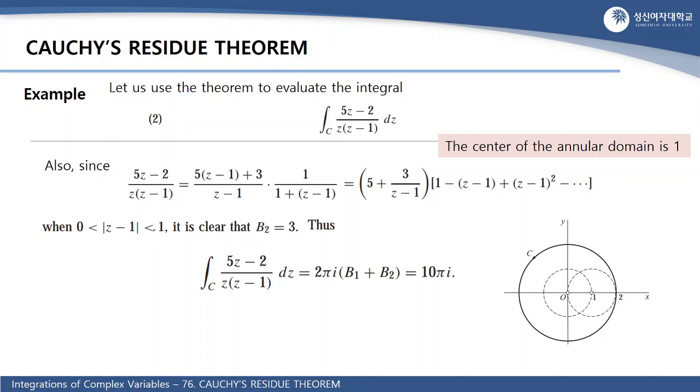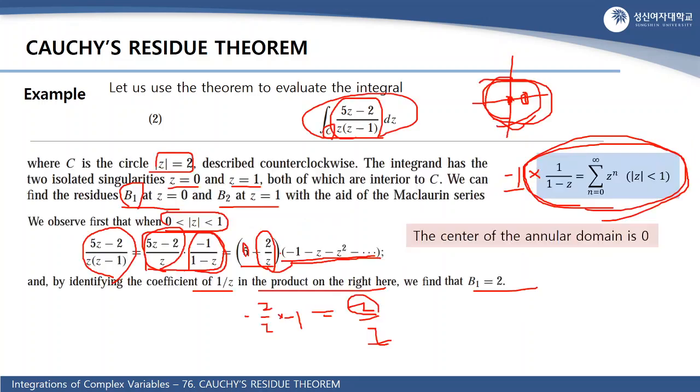So we need to modify the given function (5z minus 2) divided by z times (z minus 1) into the left-hand side function, quite different from the first case.